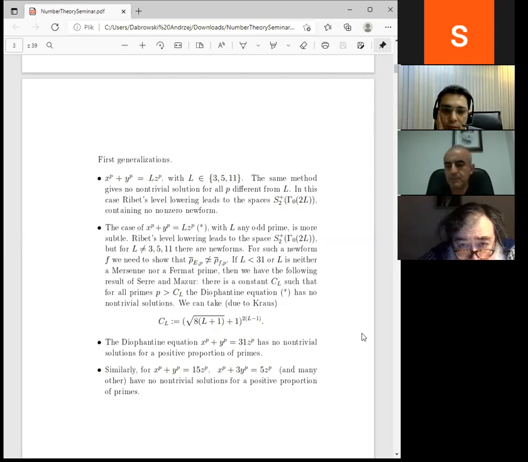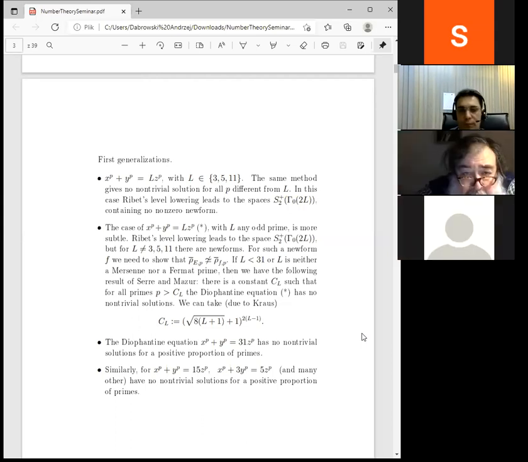But in the general case, consider equation star where l is any odd prime, say, or a power of a prime. It is a more subtle case, and now of course Ribet's level lowering leads to the space of newforms of weight 2 and level 2l.